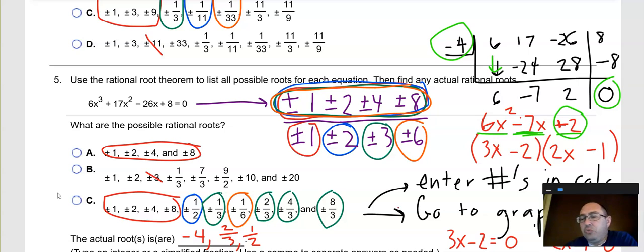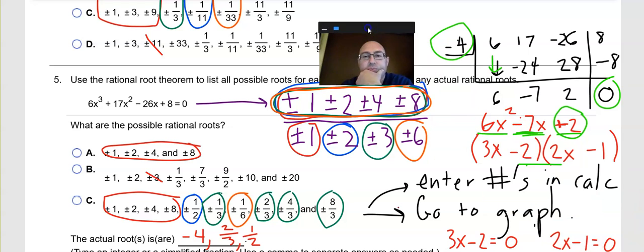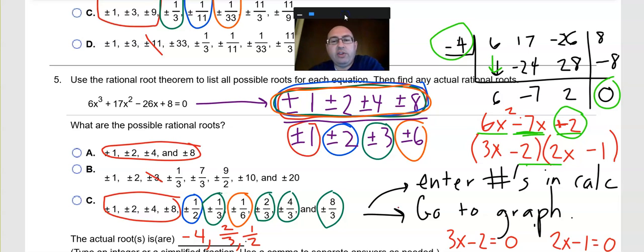Now, I did not go through the Berry method on this because I had to think about what would multiply together to give me 6x squared, but would work with the outsides and the insides to get me -7x. So in this case, I did a little bit of guess and check. I was pretty locked into -2 and -1. Those are really the only options I had. So that's why I chose the 3x and the 2x.